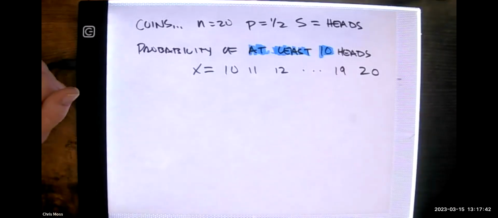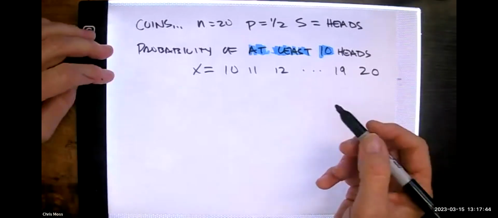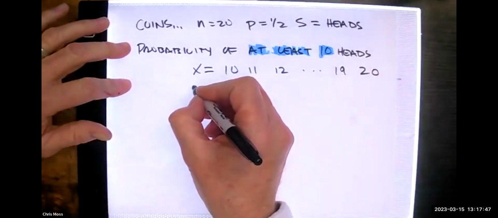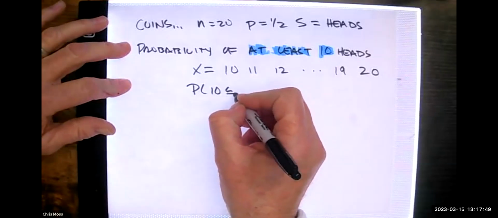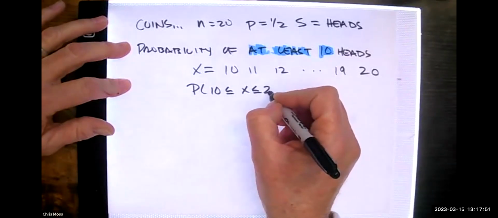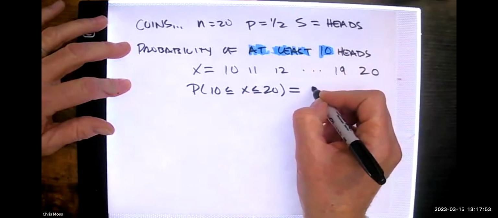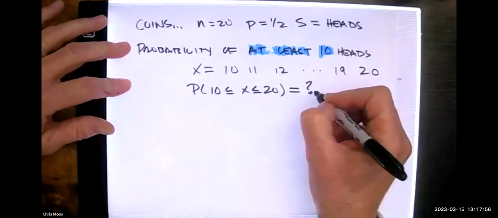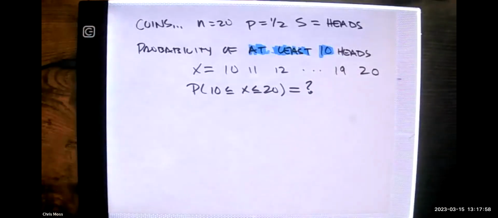And in terms of a symbolic inequality, we have the probability of 10 less than or equal to X less than or equal to 20.